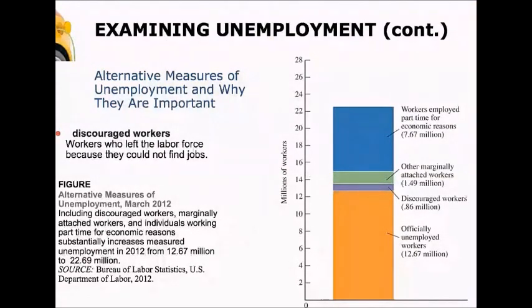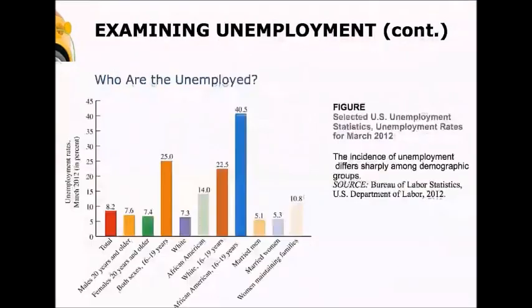It's much harder to figure out the number of discouraged workers, marginally attached workers, and those working part-time for economic reasons. But these workers are also not really fully employed the way they would like to be, which makes it very difficult to measure. So our measured unemployment rate counts the officially unemployed workers, but we don't want to forget that there might be others that are either marginally attached or not working full-time or have just left the labor force because they've become discouraged.